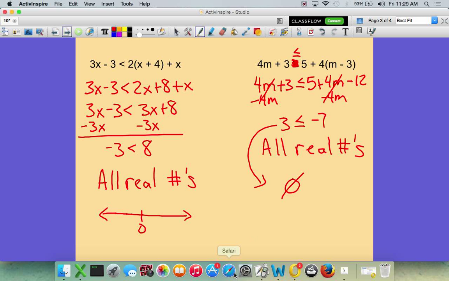Absolutely nothing does. So when you have a true statement, like we have over here, then it turns into all real numbers. When you have a false statement, then there is no solution for it. Nothing you can put in there for that variable will make that true. Whereas when we're dealing with the left one over here, anything you put in for x will make this true. So that's the difference between the two.